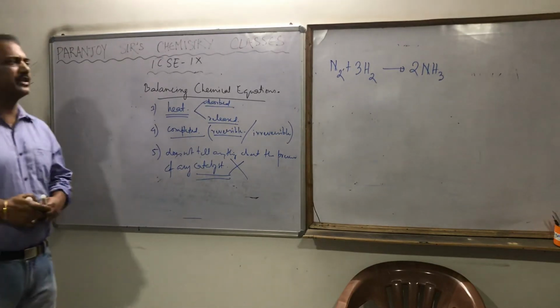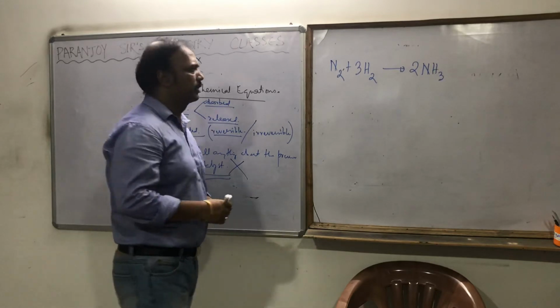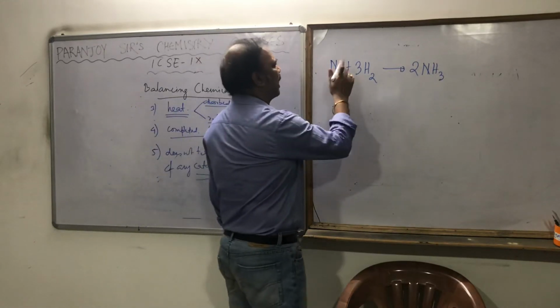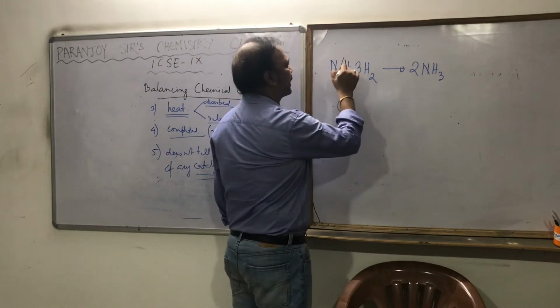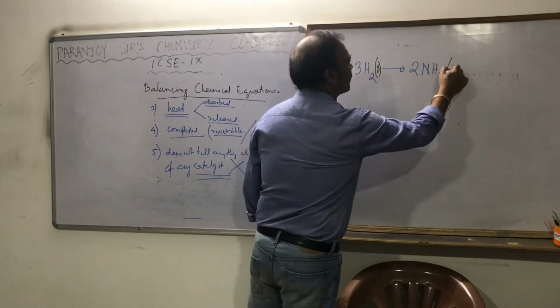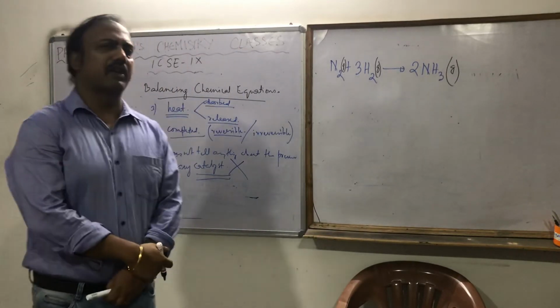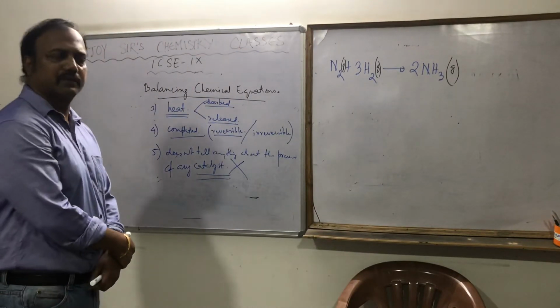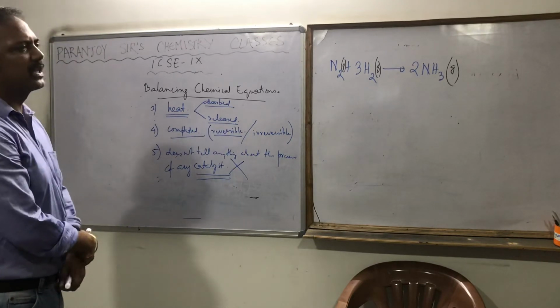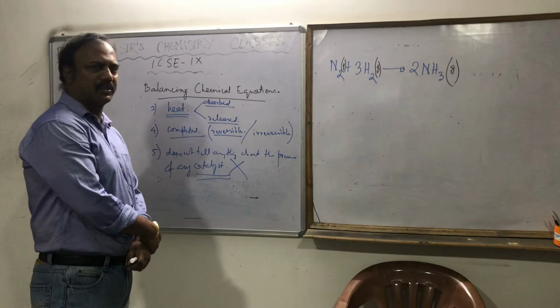But is it completed? No. It does not tell anything, whichever limitations I told. Now I am writing G within brackets here, here, and here. All are gaseous substances, so I wrote them within brackets. That means I mentioned the state of the reaction. That was the first limitation.